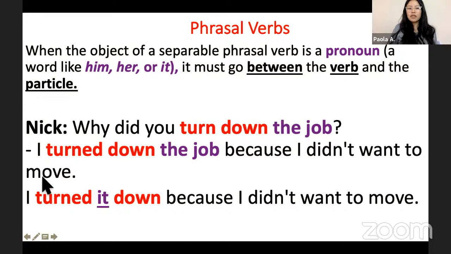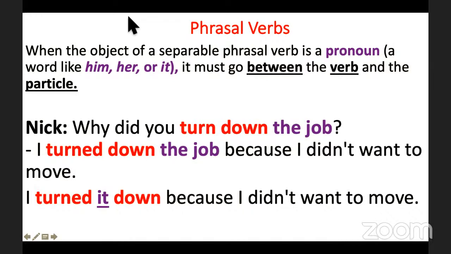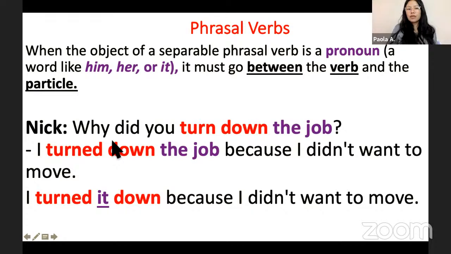Can you read the second example, please? I turned it down because I didn't want to move. Which is not the same as saying I turned the job down because I didn't want to do it. The meaning is the same, obviously, but what is the main difference?